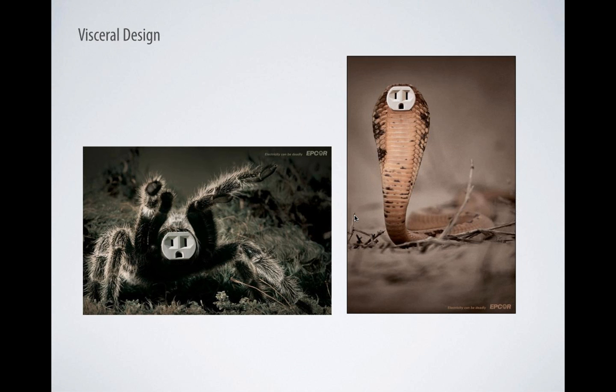So let's look at visceral design. And I mentioned that this is a physical reaction before you're even consciously aware of the stimuli. There was some research done that showed that snakes in particular can evoke a fight or flight reaction in people before they're even consciously aware there's a snake in their environment.